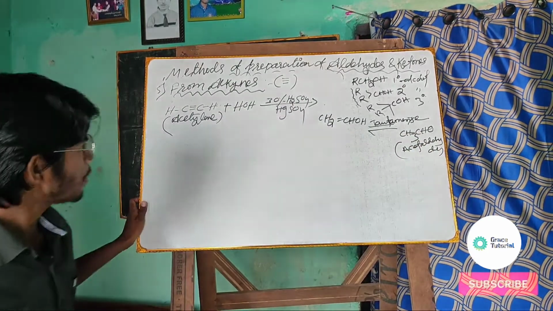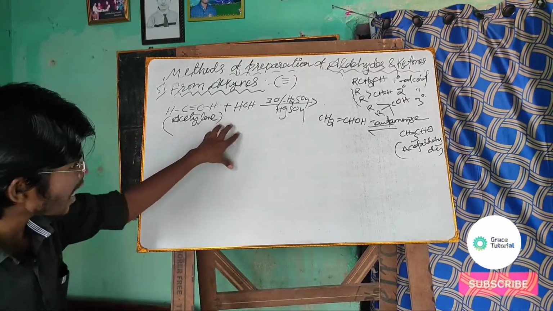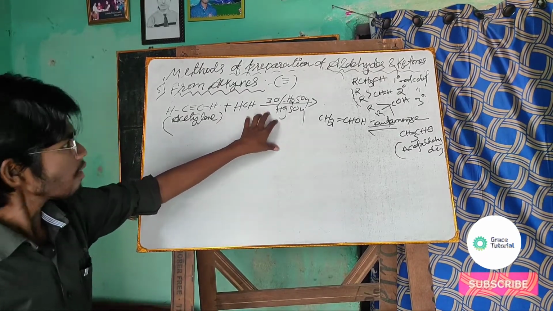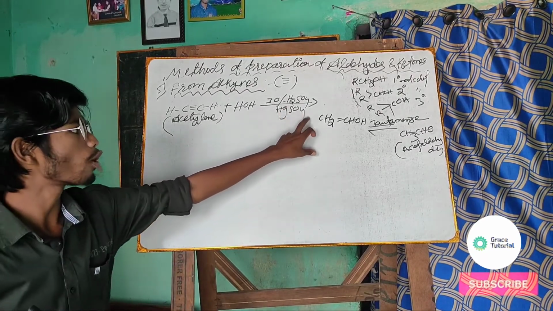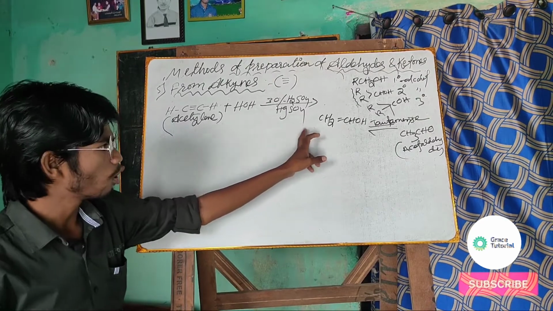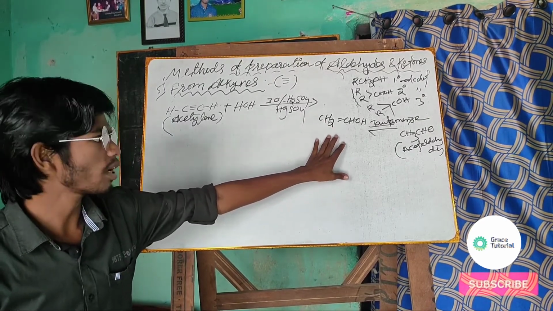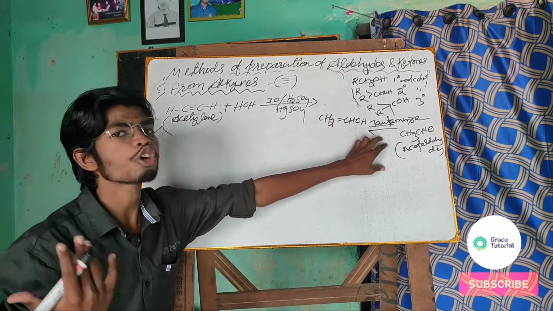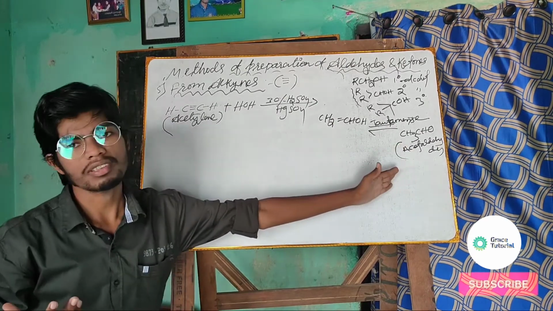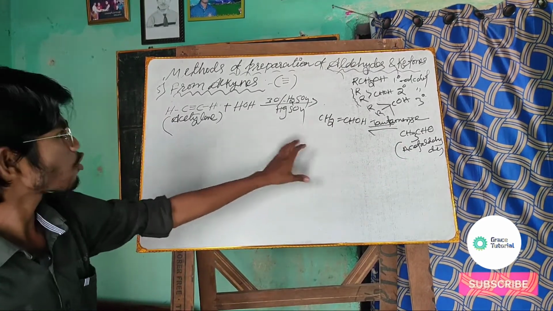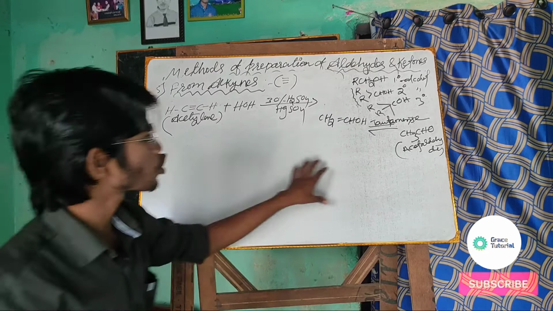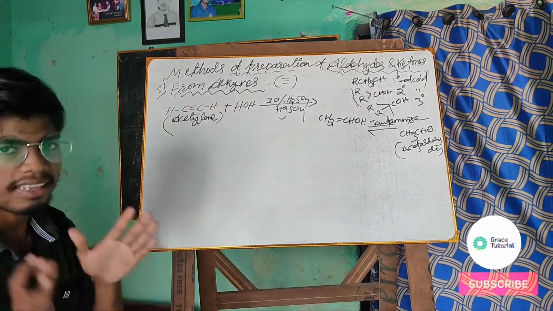That means when acetylene reacts with water in the presence of 30% sulfuric acid with HgSO4, first of all one alcohol is obtained, and if that alcohol gets tautomerized, then acetaldehyde results. So the reaction for the formation of acetaldehyde from alkyne is given.